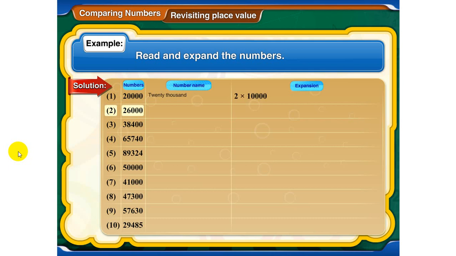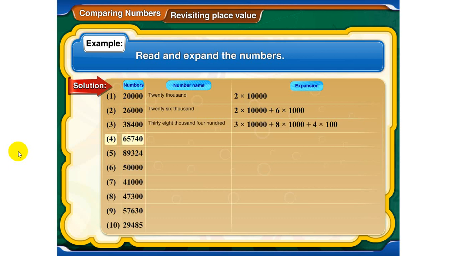The given number is read as 26,000 and expansion is 2 into 10,000 plus 6 into 1,000. 3. The given number is read as 38,400 and expansion is 3 into 10,000 plus 8 into 1,000 plus 4 into 100.